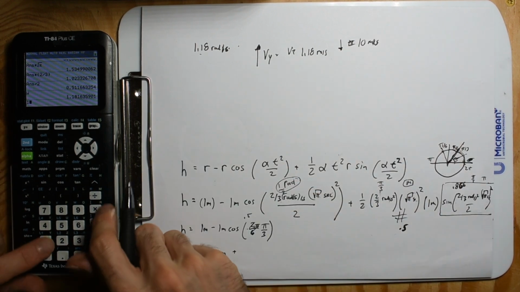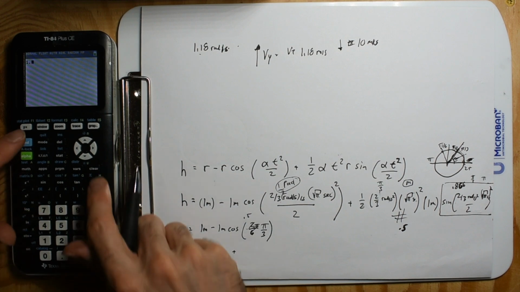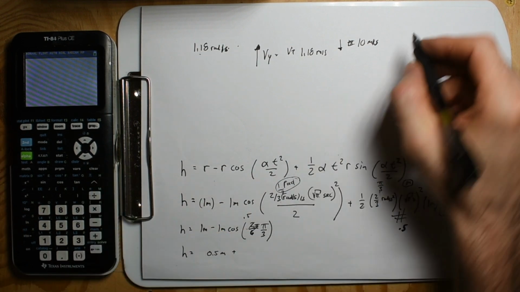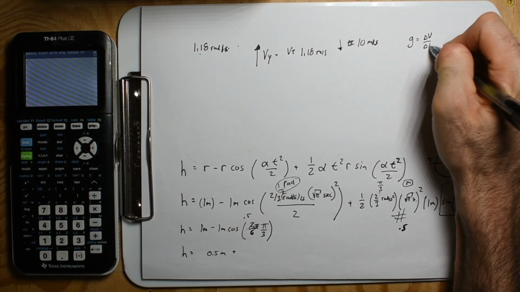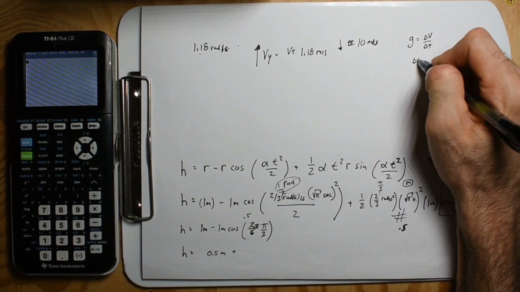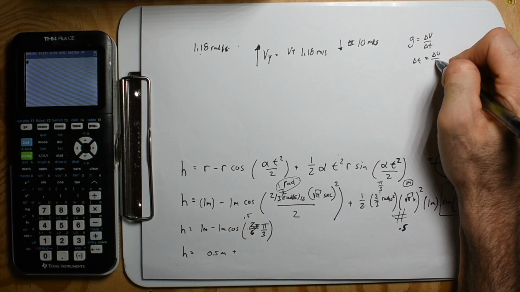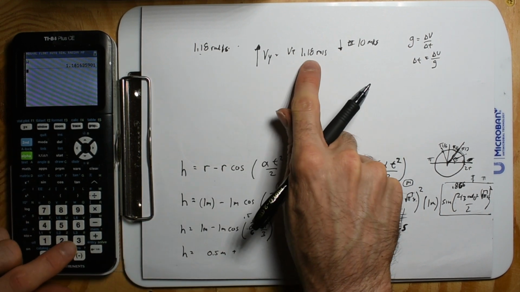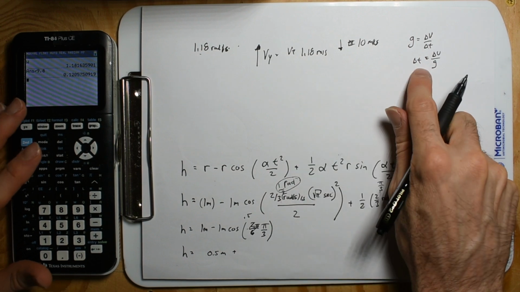So let's do this. Gravity is change in velocity over change in time. I want to find the change in time. I'm going to say that's change in velocity divided by gravity. So we're going to have 1.18 meters per second divided by 9.8. This is the change in time.